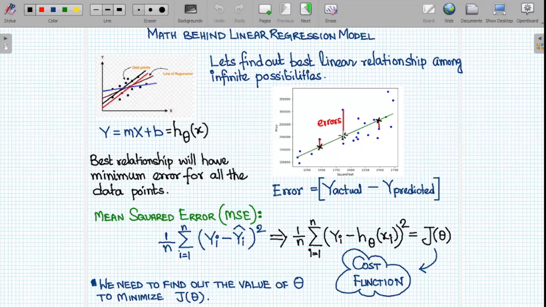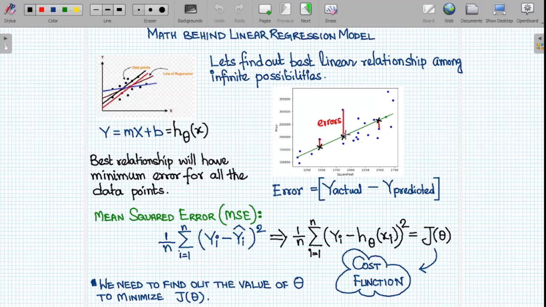When we are drawing a straight line based on the data points, basically by that relationship, all the predicted values will be along the straight line. Here, if you see, these black crosses are nothing but the predicted values, and the blue dots are the actual data points. So defining a linear relationship between an independent variable and a dependent variable can lead to a number of errors.